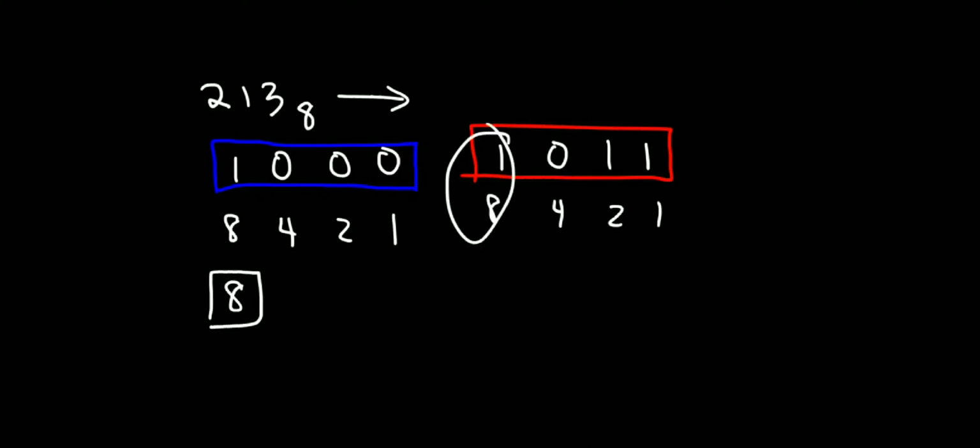So 8 and 2 and 1, this 0 is removed from here. 8 plus 2 plus 1, this is 11.